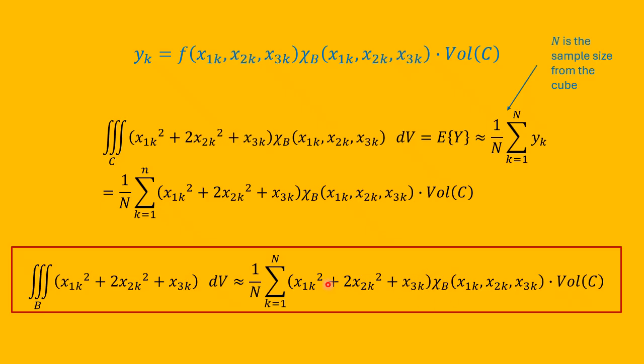So what we have to do is estimate this integral using the Monte Carlo method. We have to pick random points from the cube and let n be fairly large so that we get a pretty good estimate, and just find the average of these values times the volume of the cube.